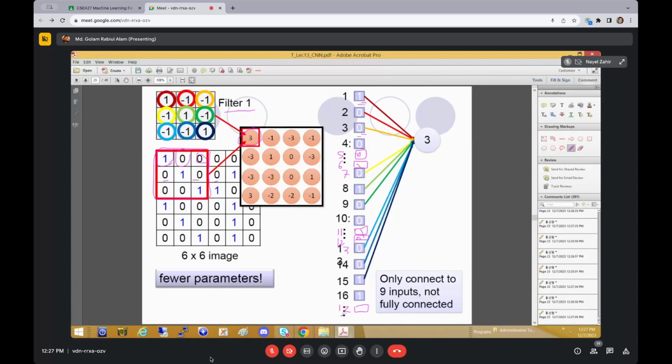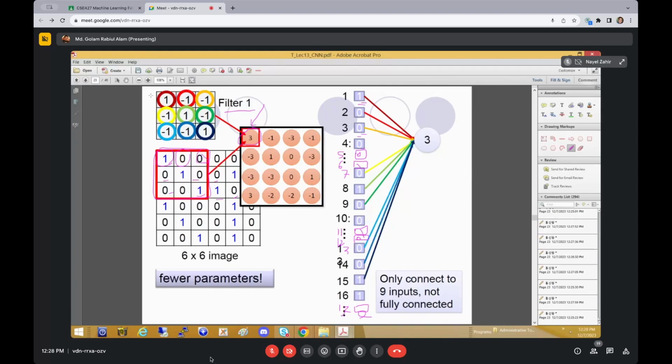And then 17 is also 0. So here we get the value 3.